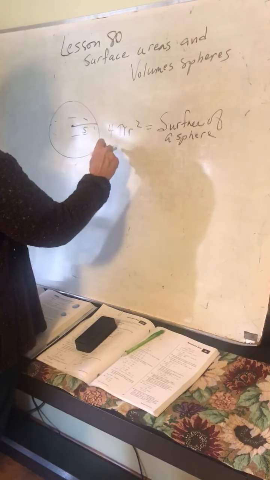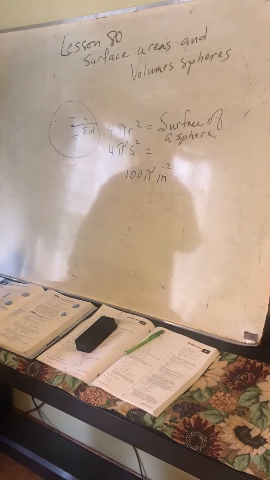That's 5 times 5, 25 times 4, which equals 100 pi, and if that's inches, it would be inches squared. That would be the surface area of a sphere.